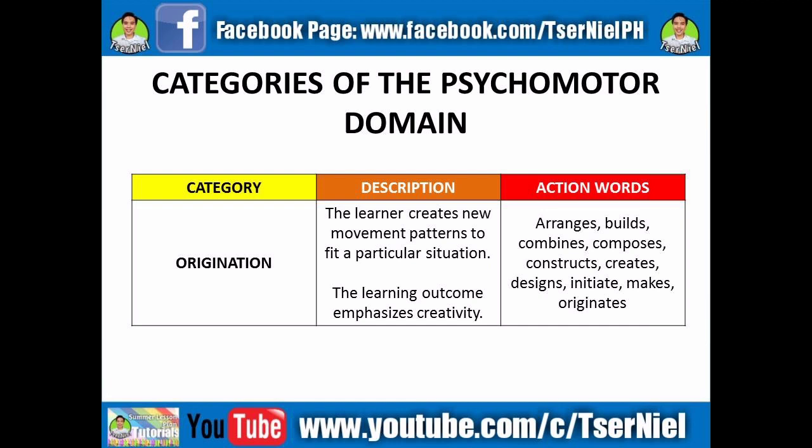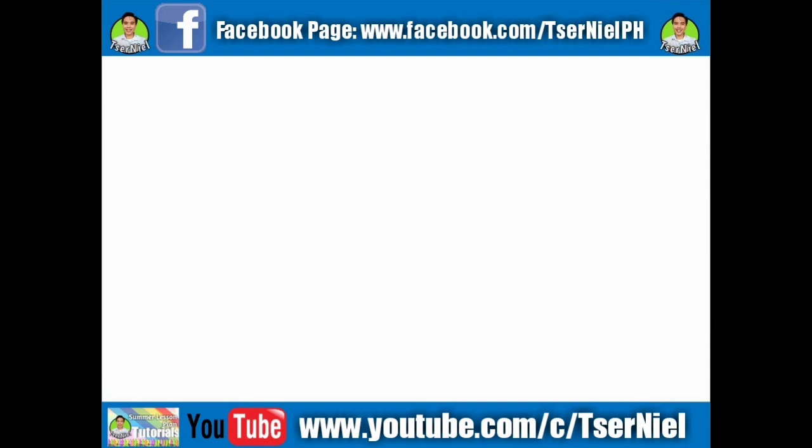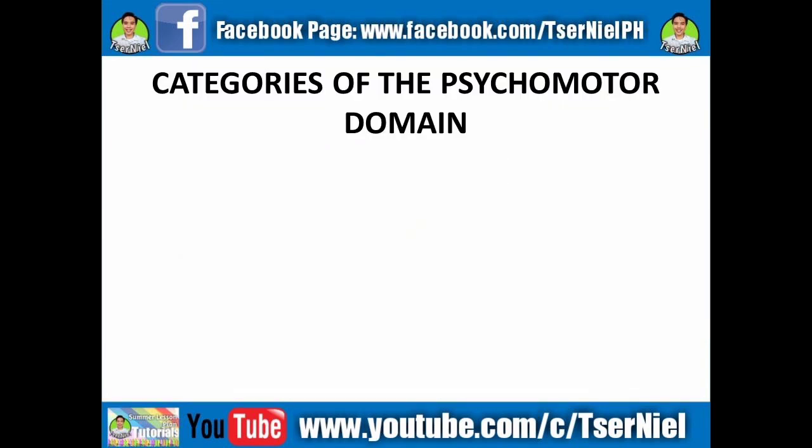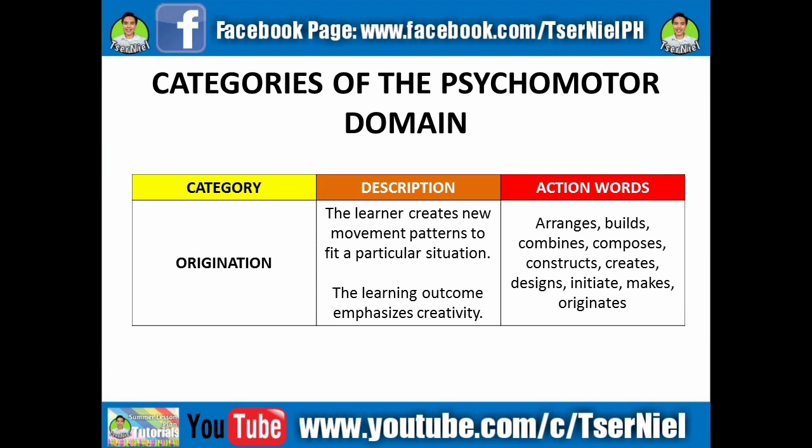Dahil sa origination category, kailangan natin ng creativity para makagawa ng sariling movements or process para masagutan ang iba't ibang mga situations. Halimbawa, kung ang learner ay nakapag-create ng mas madaling paraan para makapag-multiply ng 2-digit numbers, ibig sabihin, nasa origination category na siya. And here are the keywords to be used for the origination category.